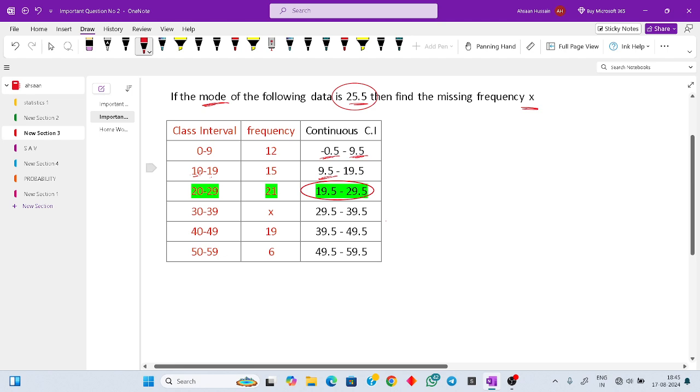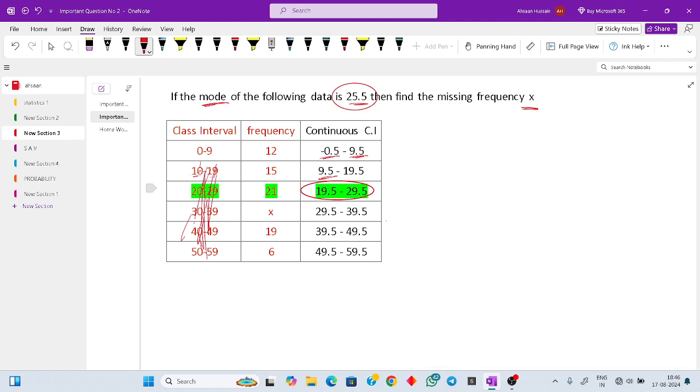We'll not consider the other class intervals now, because 25.5 lies between 19.5 and 29.5. So here the frequency is 21.